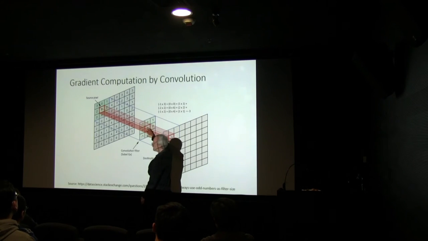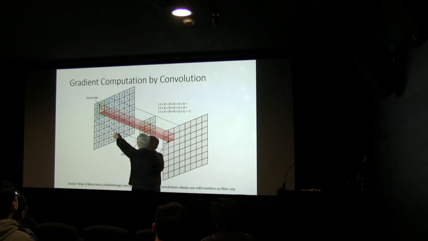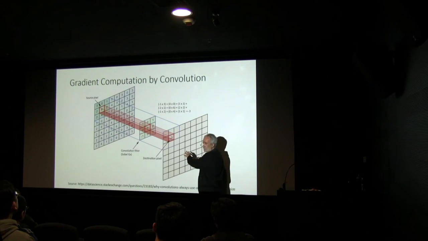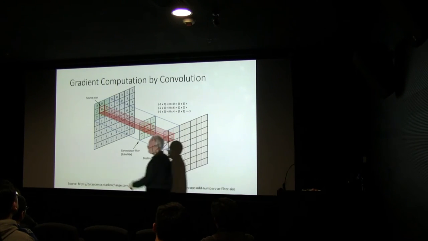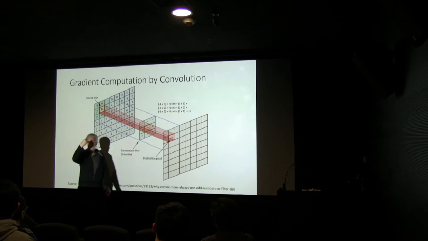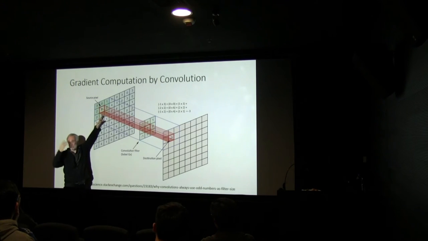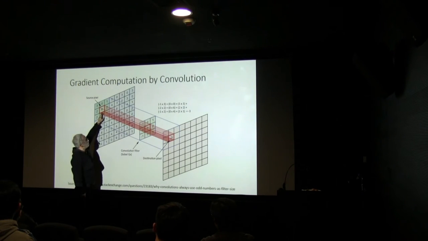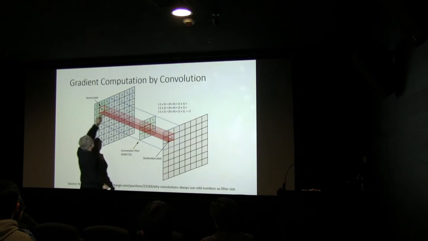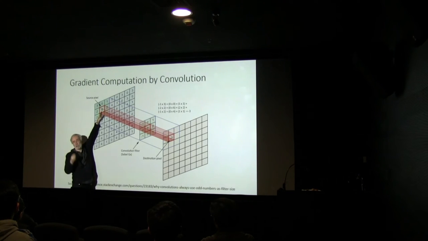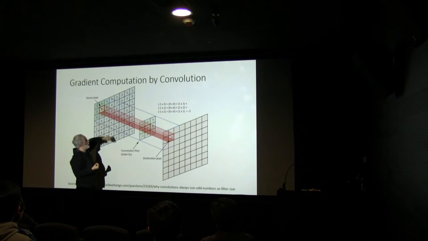The kernel is used to transform the input image into the output. How? Let's say, and we're going to do this to every pixel. But let's say that we take this pixel here, which I don't know if you can see in the back, it's a 6. Okay? And what we're going to do is this. If the kernel is 3 by 3, we are going to look at all the pixels in the 3 by 3 window centered on the pixel that we want to replace or process. And we do this.